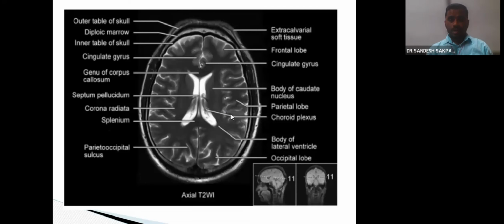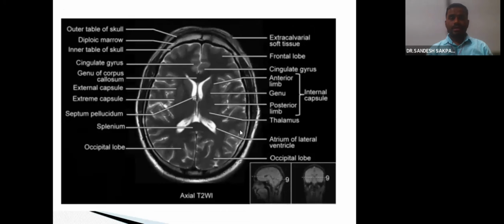So now we go ahead with the lateral ventricle again at the midbrain level, at the basal ganglia structures level. We can see here the T2 weighted image, why T2 weighted? Because the CSF is white here. So this is the lateral ventricle, and you can see the CSF is white. Beside we have the caudate nucleus.